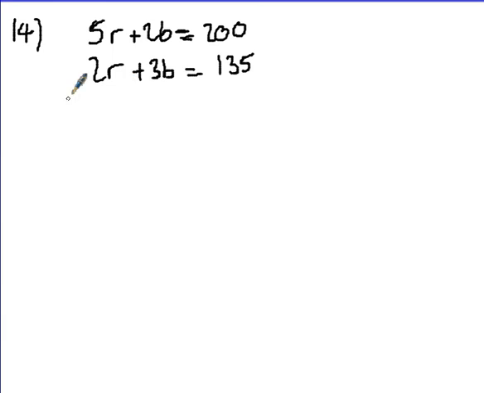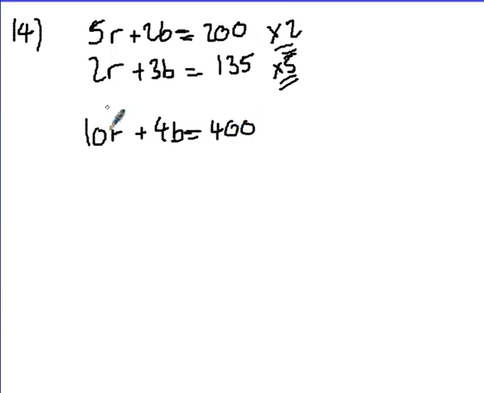You can do this through trial, but what I prefer to do is equate them. So to make R the same, I'm going to times this all by 2 and times this all by 5. Times this by 2 gives me 10R plus 4B equals 400, and times the bottom by 5.